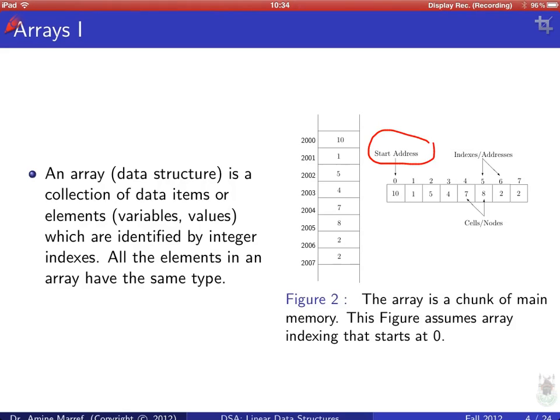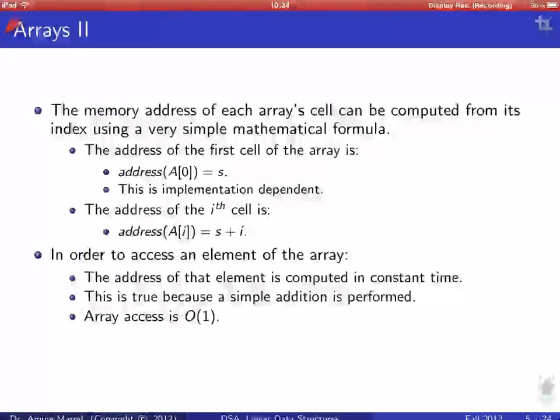So to get a value A of 1, we need to make a simple mathematical addition, which is just a simple mathematical operation, and we know that this is very simple and it's big O of 1.